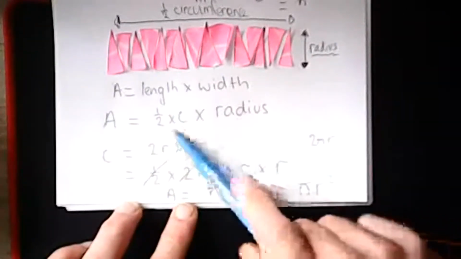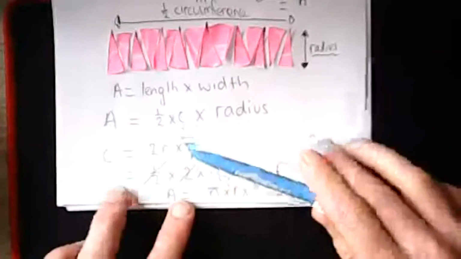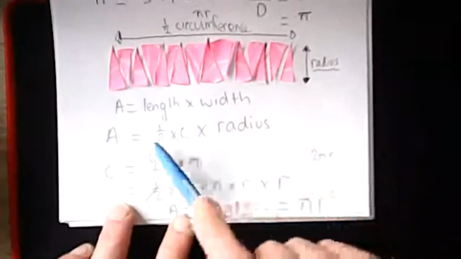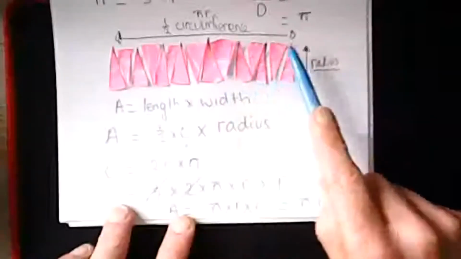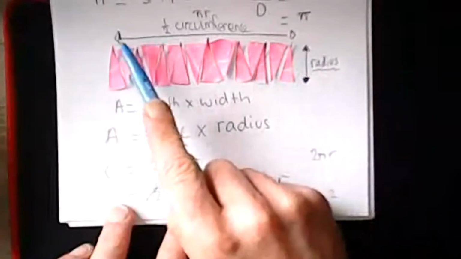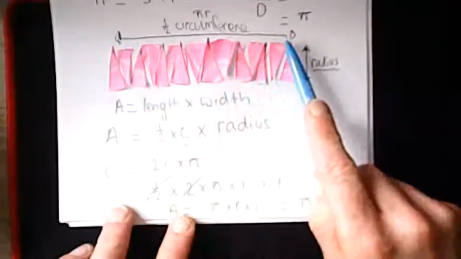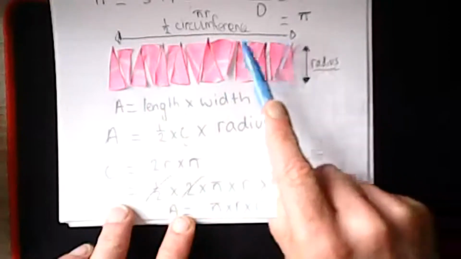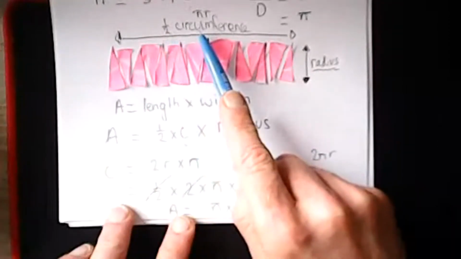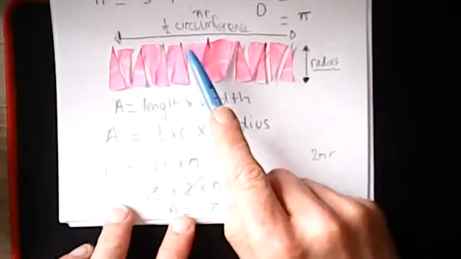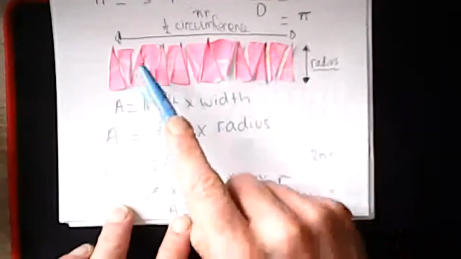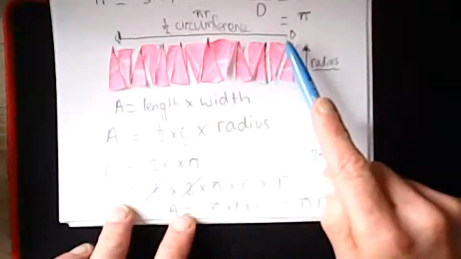So let's go through that again from this stage here, just to be on the safe side. The area of a rectangle is length times width, but we know that the length of the rectangle is half the circumference, because you can see that this is made up of all those curved parts, and you've got half of them there and half of them there, so one side is half the circumference.